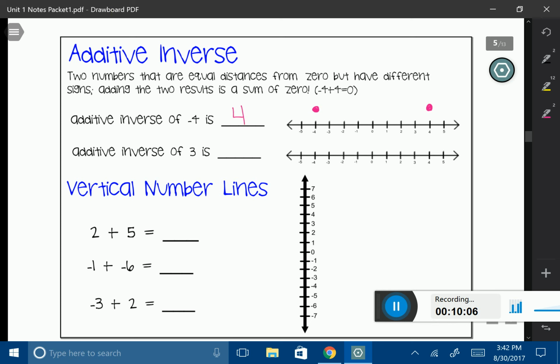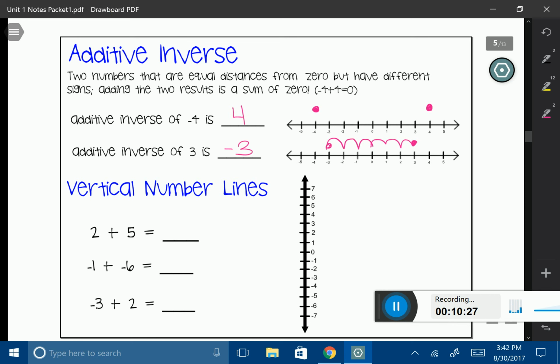The additive inverse of 3. Well, here's 3 on my number line, and I know that it's 3 spaces away from 0. So I'm looking for a number that if I add it to 3, it's going to give me 0. So if I go 3 spaces away in the other direction, if I add those two together, it's going to give me 0.